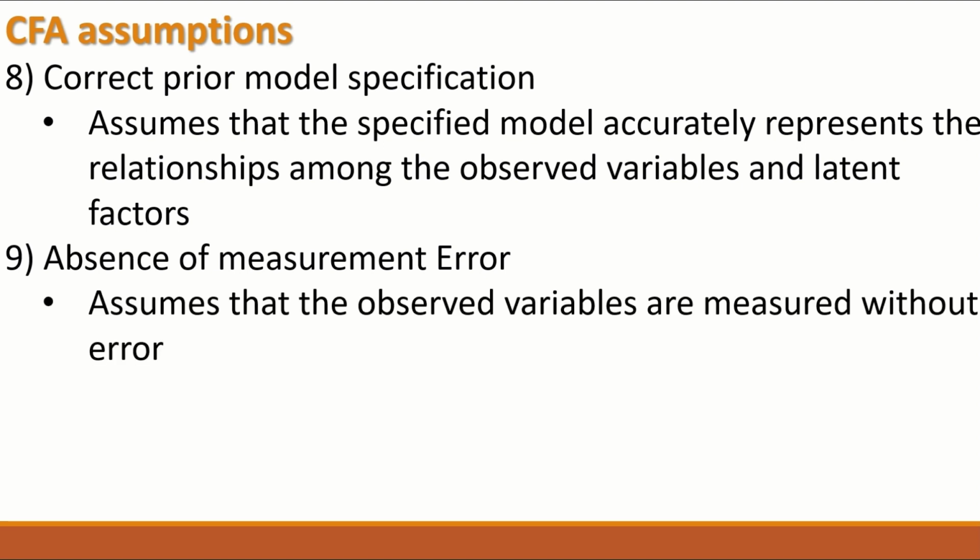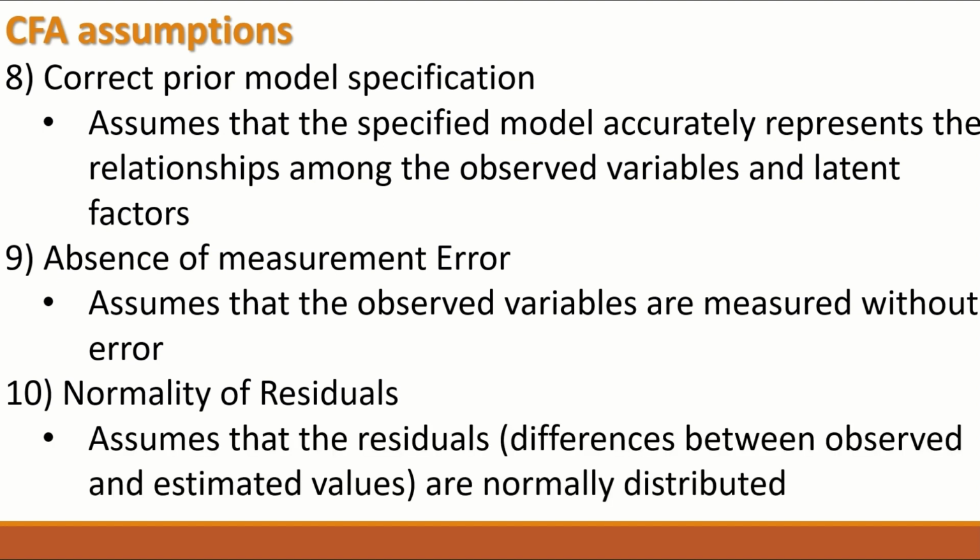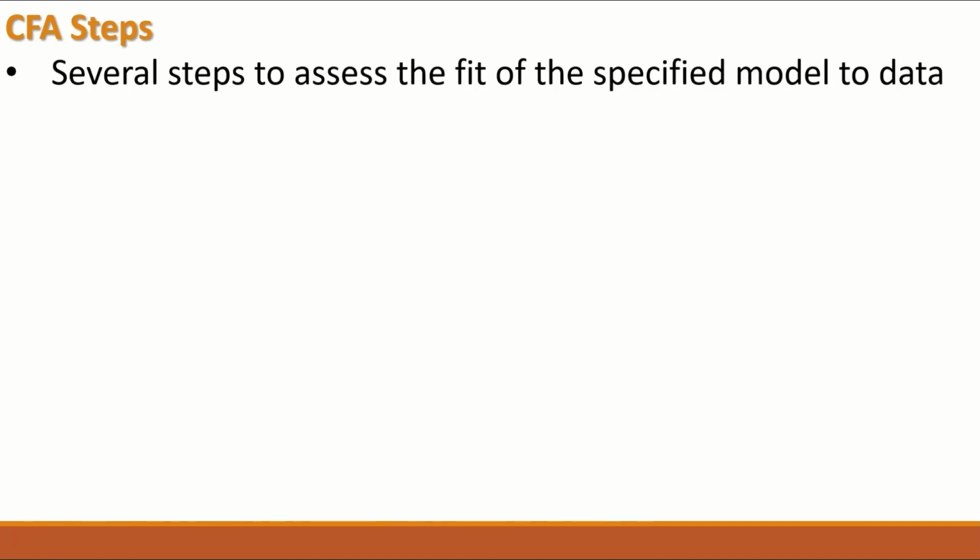It assumes that the observed variables are measured without error. The 10th assumption is the normality of residuals, which assumes the residuals, which are the difference between observed and estimated values, are normally distributed. And the 11th assumption is the data must come from a random sample.